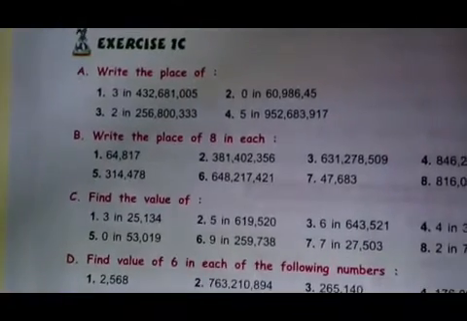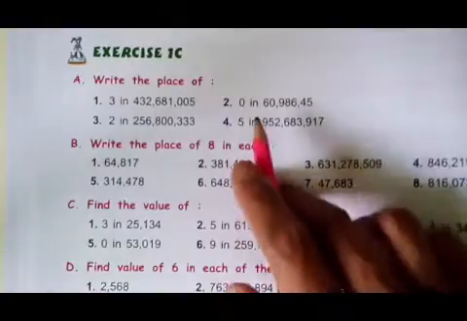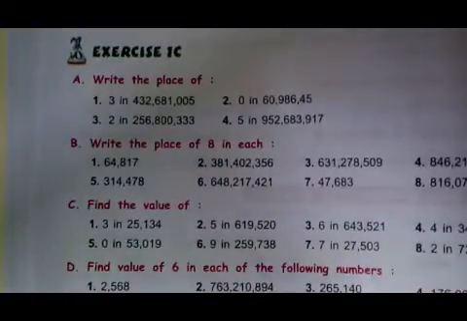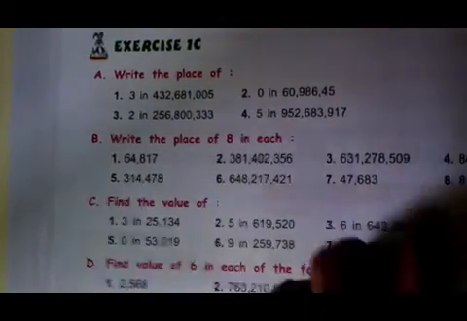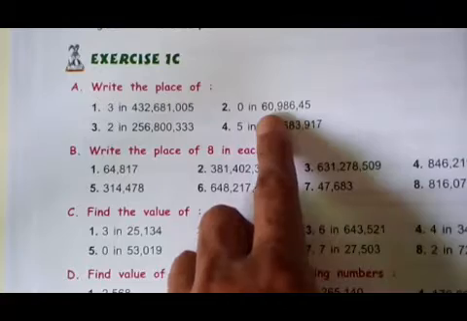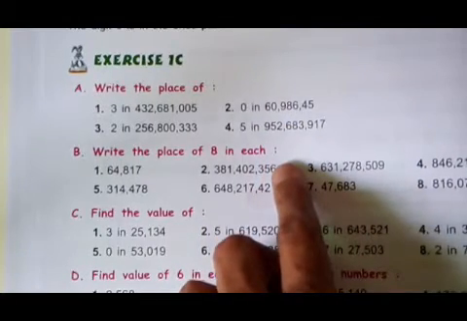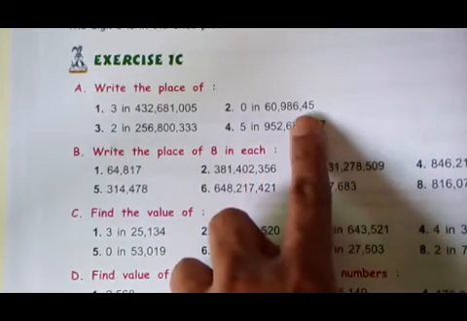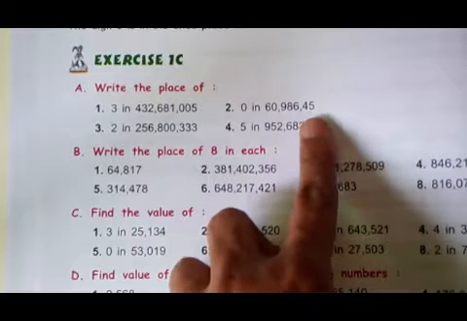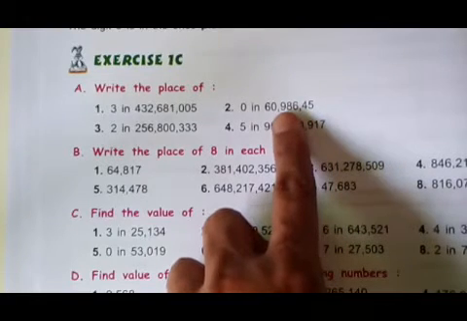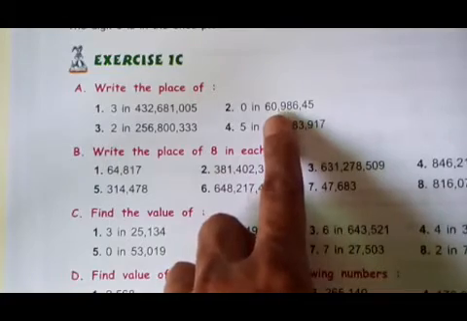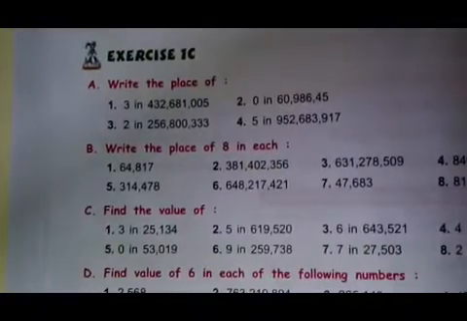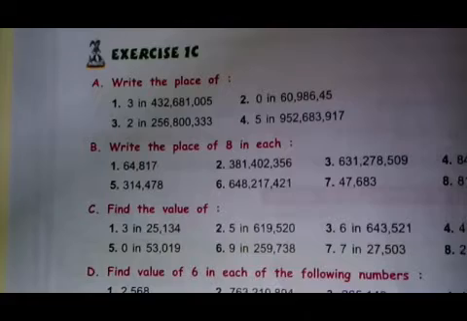Okay. Next one is write the place of 0. Now we have to tell about 0. So dear student, look here, where is 0? This is 0. If we write the place values of this number: ones, tens, hundreds, 1,000, 10,000 and 100,000. So 0 is on the 100,000 place.